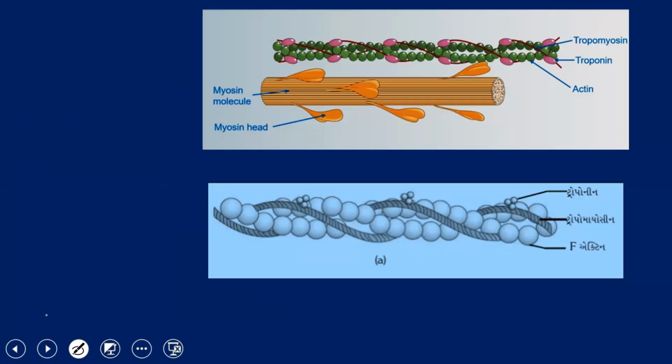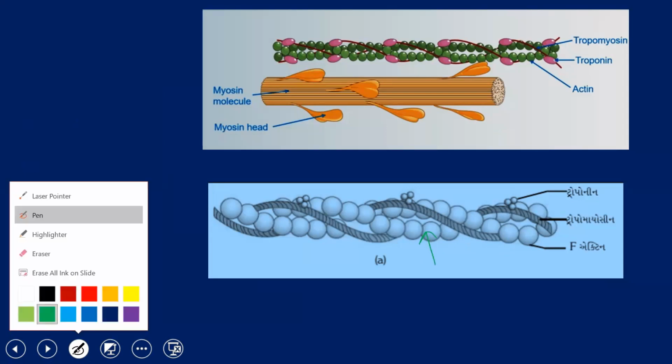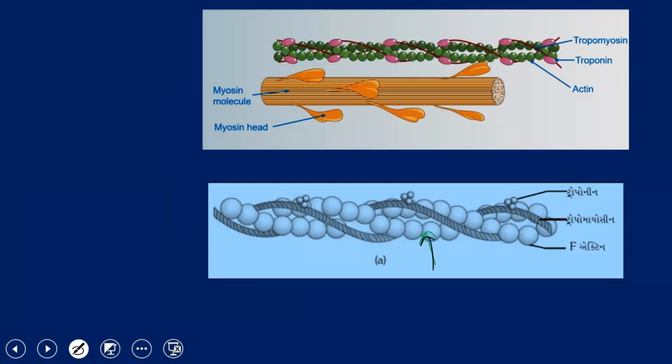So see right over here, this is actin. This is what you call as the actin, beta. Got it? This is the actin part, and each monomer is G actin, polymer is F actin, as you know.